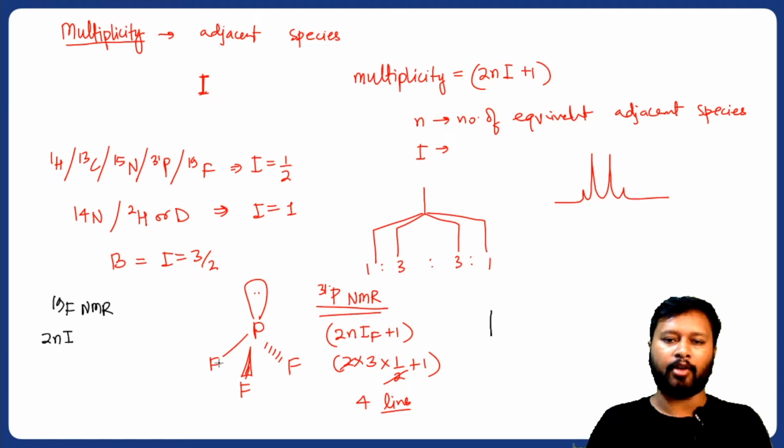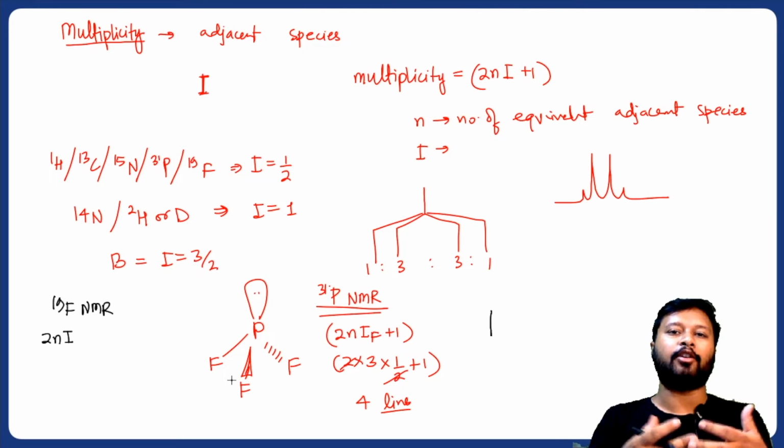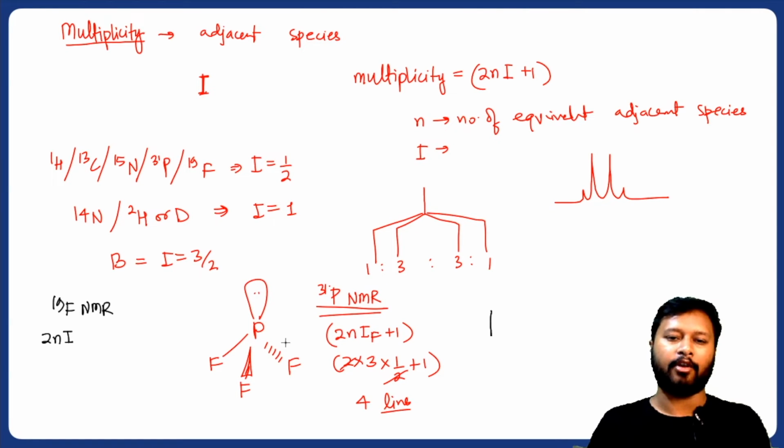Since all the fluorines are of the same type, they do not split each other, just like in the CH3 methyl group. All 3 fluorines are equivalent, so they are not going to split themselves. So there is a single peak from fluorine, and the phosphorus is now going to cause the splitting.